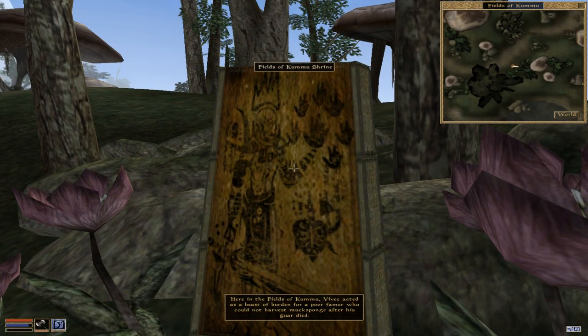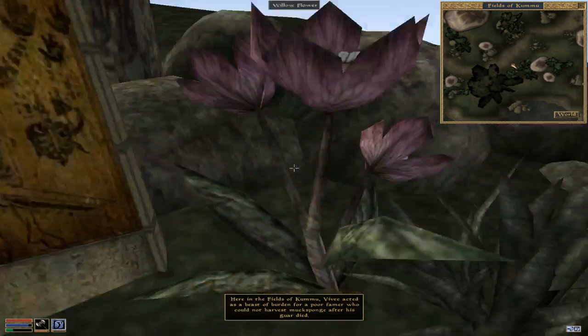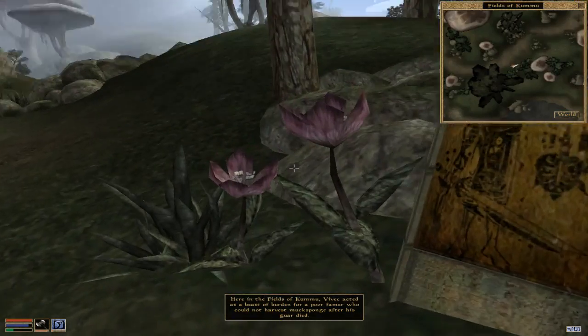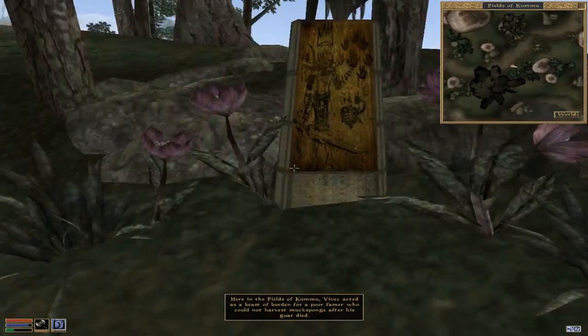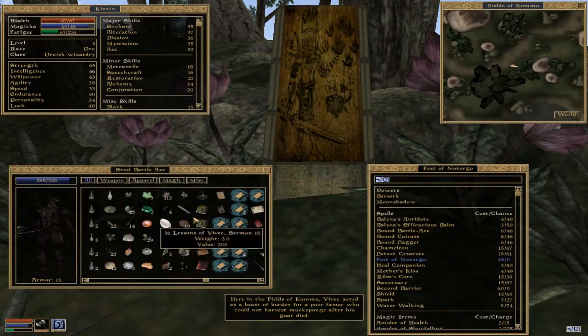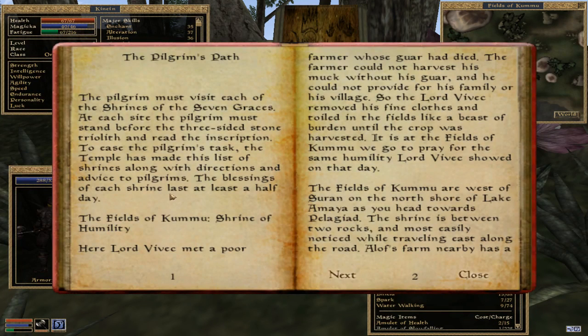Here in the Fields of Camus, Vivec acted as a beast of burden for a poor farmer who could not harvest muckpunch after his guar died. We are working as beasts of burden too, because we are collecting all the stuff, but for ourselves. So okay, let's read. We need to do something here. That's the story, we read it before, so we'll ignore it.